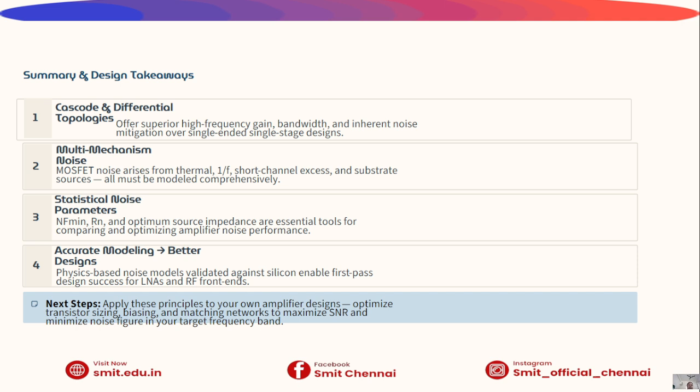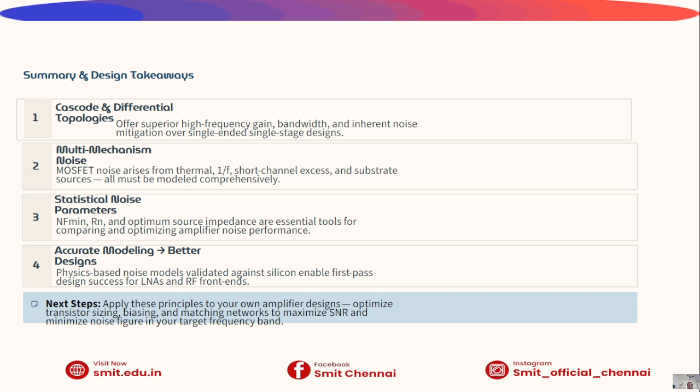Finally, we came to the summary and the design takeaways. Let us summarize today's lecture. Cascode amplifiers provide high gain, wide bandwidth, and reduced Miller effect. Differential amplifiers offer excellent common mode noise rejection and improved immunity to interference. MOSFET noise originates from multiple mechanisms including thermal noise, flicker noise, short channel effects, and substrate coupling.